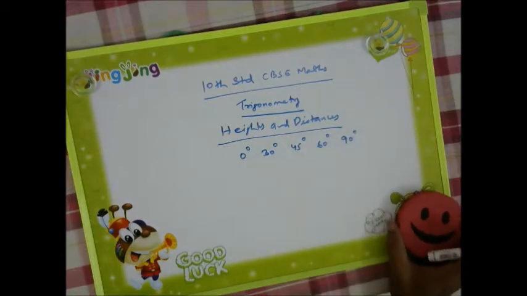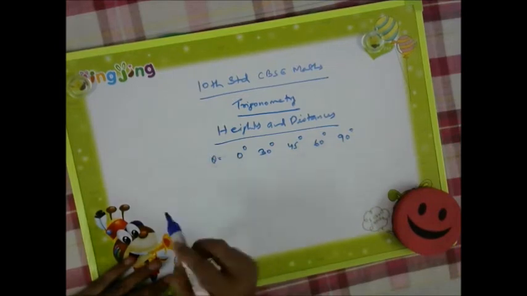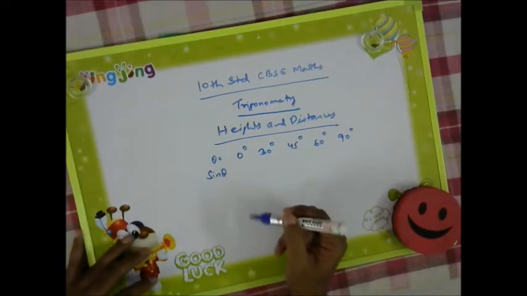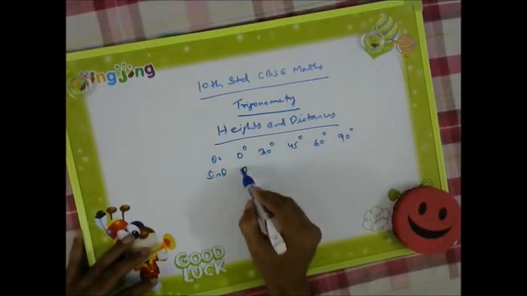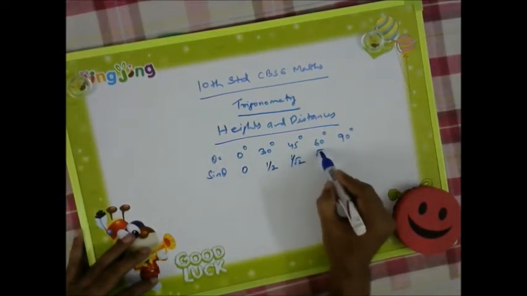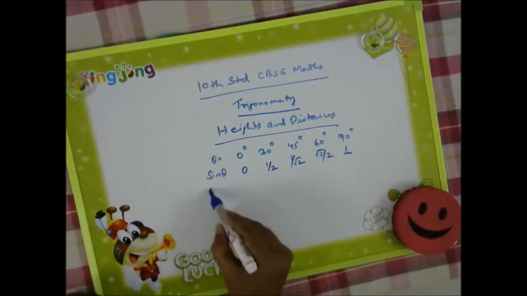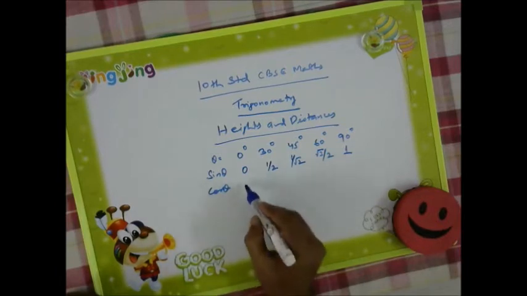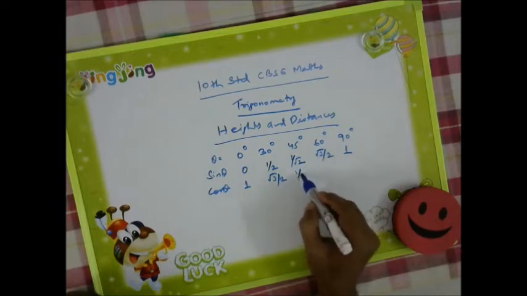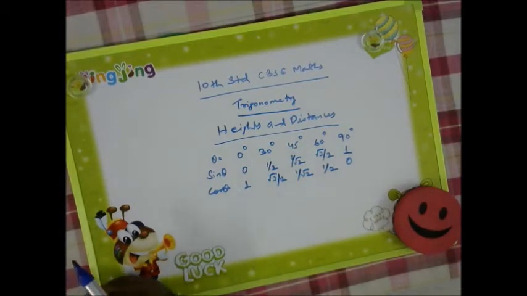For theta, sine 0 is 0, sine 30 is 1 by 2, sine 45 is 1 by root 2, sine 60 degree is root 3 by 2, and sine 90 degree is 1. Similarly for cos theta, cos 0 degree is 1, cos 30 degree is root 3 by 2, cos 45 degree is 1 by root 2, cos 60 degree is 1 by 2, and cos 90 is 0.